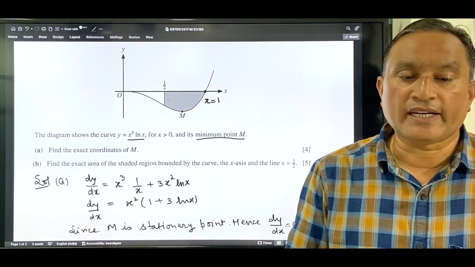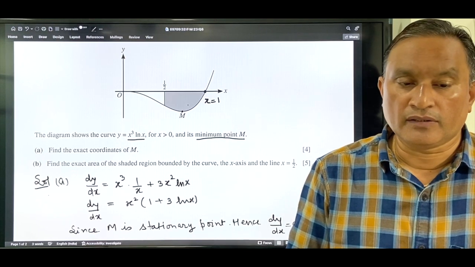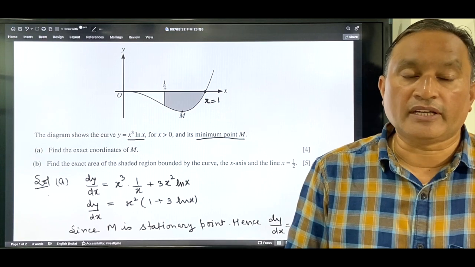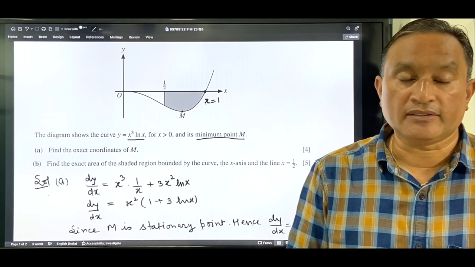Now we need to find the area of the shaded region. So we will have to integrate between the limits 1/2 to 1.